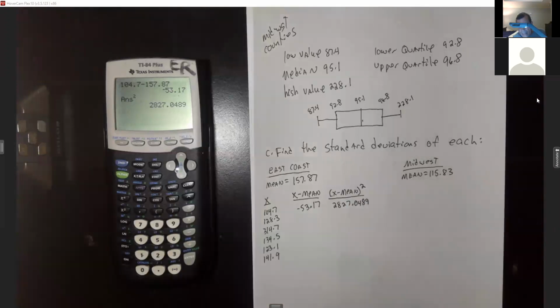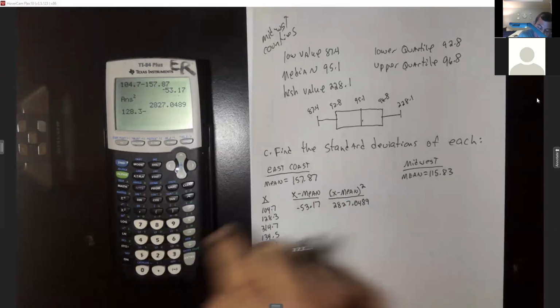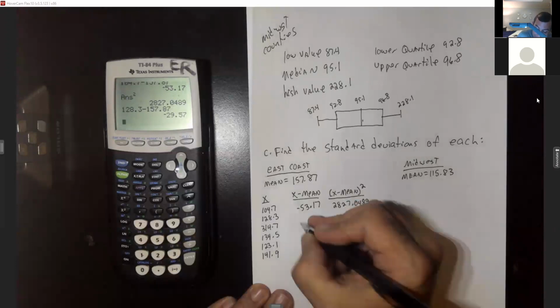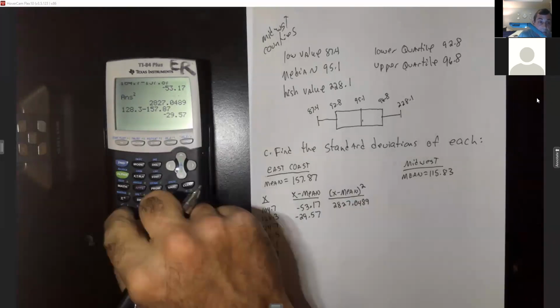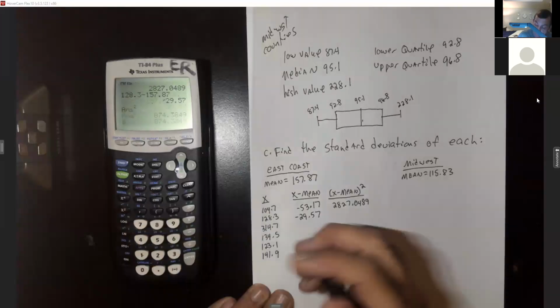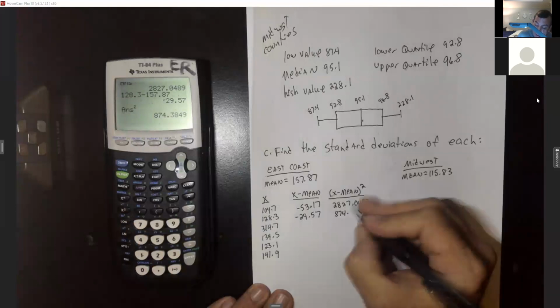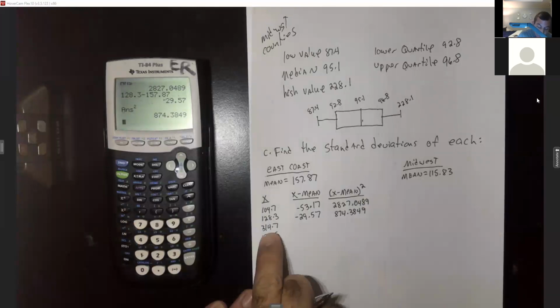I'm just going to keep my decimals for a little bit. Next, we take the 128.3 minus 157.87. That's a negative 29.57. Square that, and we get 874.3849.